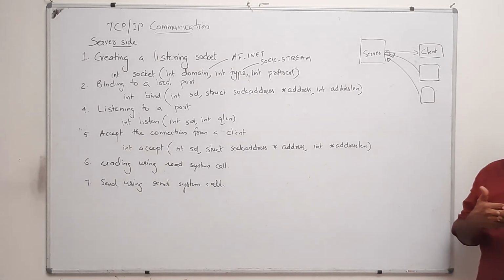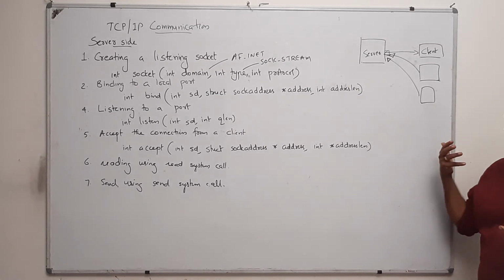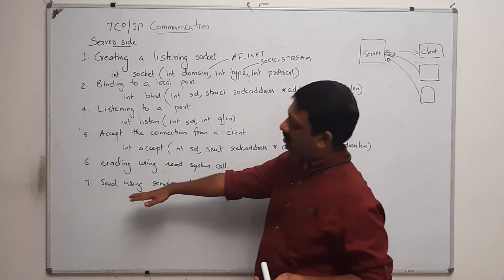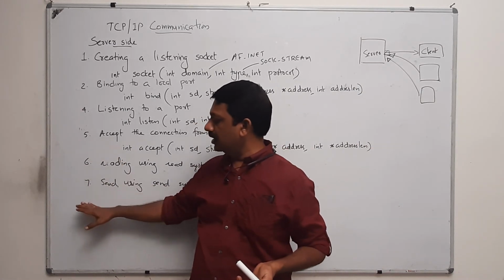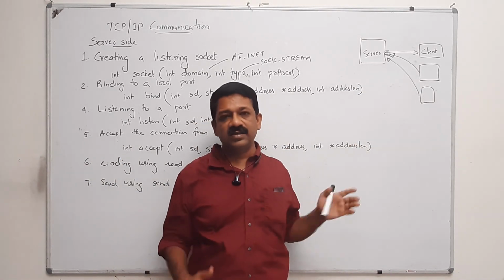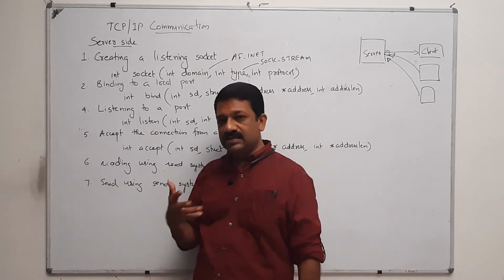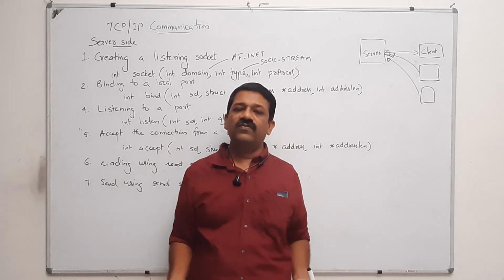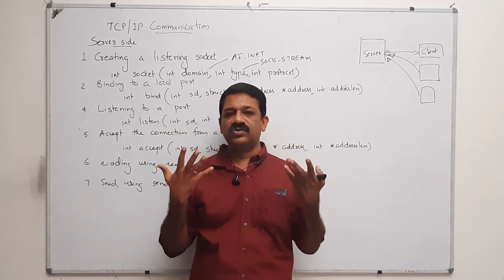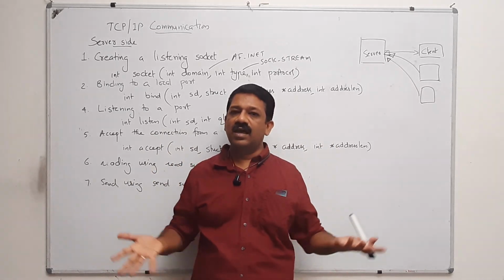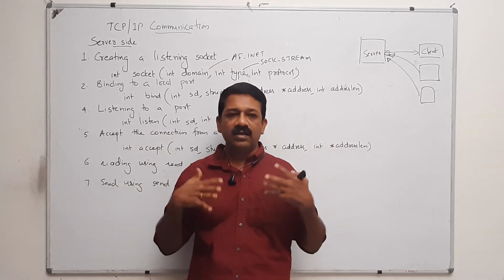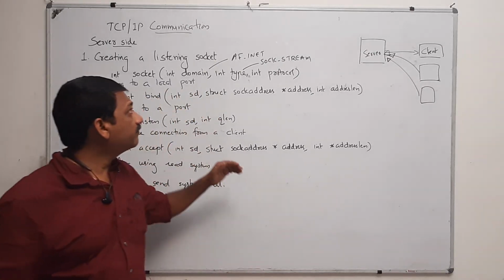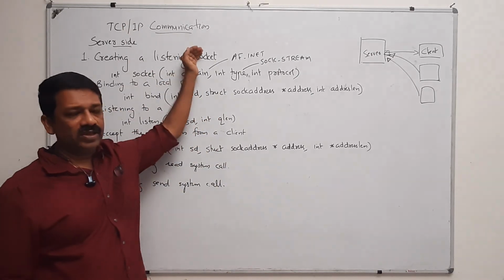That is why on the client side the last step is closing the connection. Here, the server is not closing. It is always listening, that means 24-hour service. It always listens on some port for some service, and if a client request comes, it will definitely be serviced. So that is regarding this TCP/IP communication.